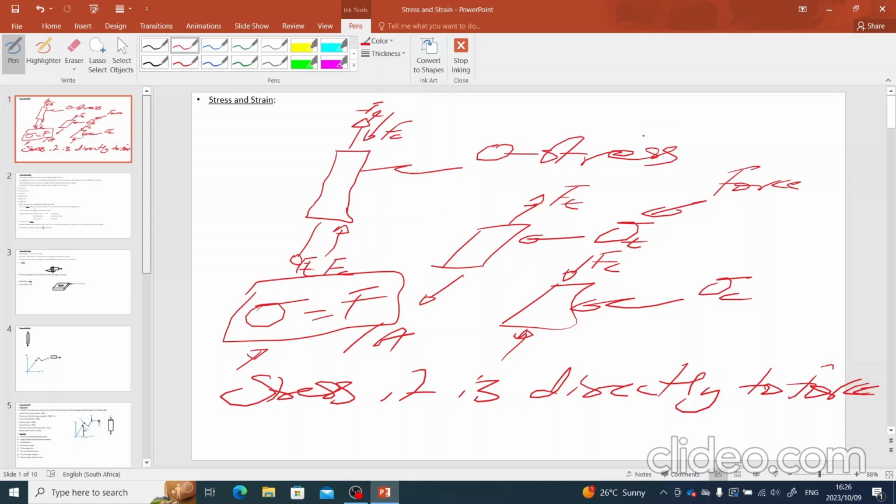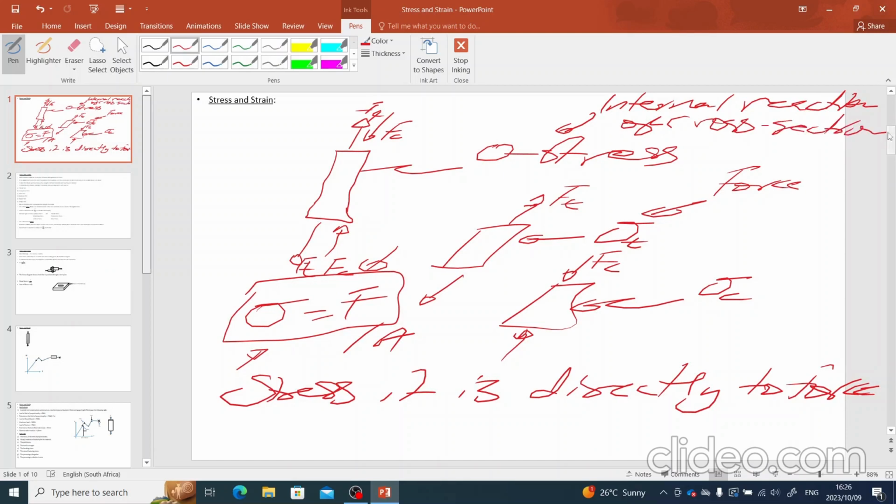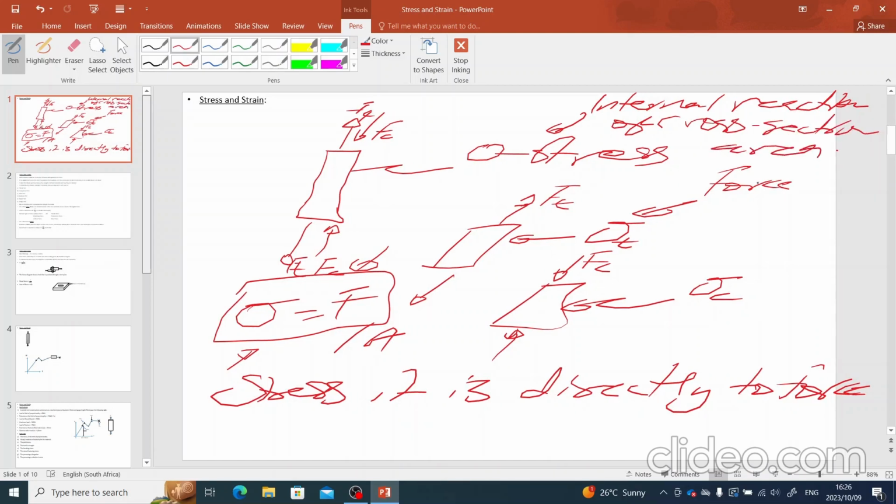Now, we then have to define stress based on this formula. Stress, therefore, is the internal reaction of a cross-sectional area as a result of the force applied.